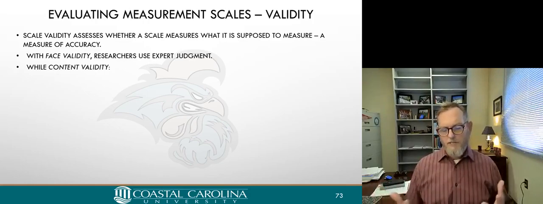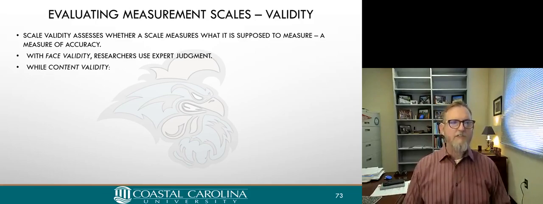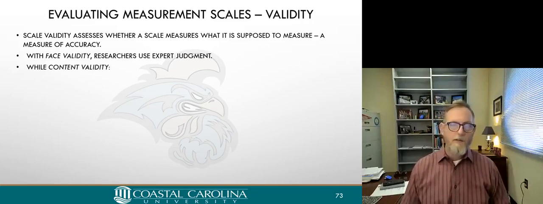If you can read the question and on the surface of it, on the basic facts, it seems like it makes sense, that's called face validity. That's something that we will ask other researchers to evaluate our scales. And if they say, yeah, that seems to make sense, then that seems to make sense, right? That's a good thing. That's what we want to be able to use.